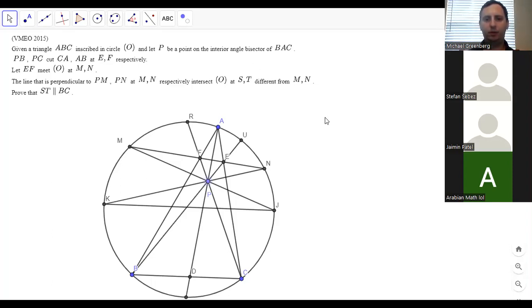Square root of BC inversion could be. Yeah, let me think about that.